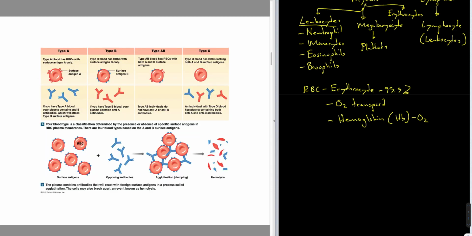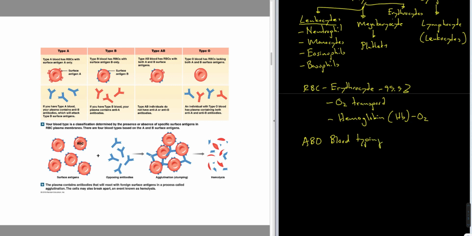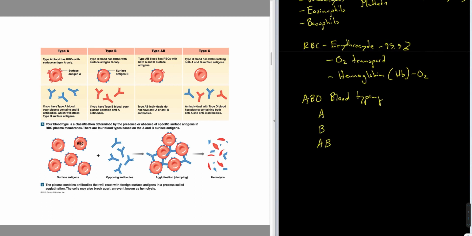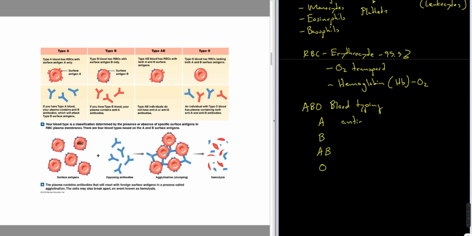Now, you may have heard of the ABO blood typing. Someone may have A blood or B blood. They might be AB blood or O. These blood typings are based off of a protein with a sugar group on the cell surface, and we call these antigens. An antigen is any biological molecule that is recognized by antibodies.